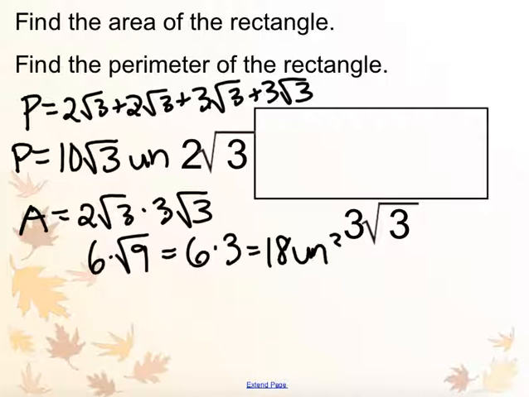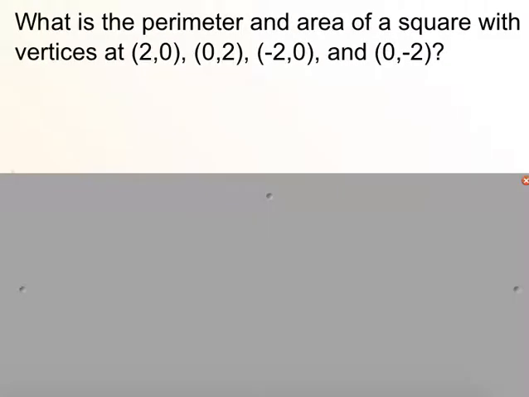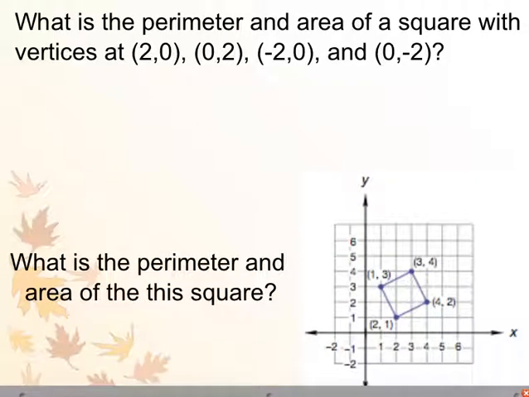Okay, so even if we have radicals as our measurements for rectangles and triangles, that's okay. We can do it. All right, so these are a couple of other examples that you can try. Just remember you're going to have to use the Pythagorean theorem to do them.